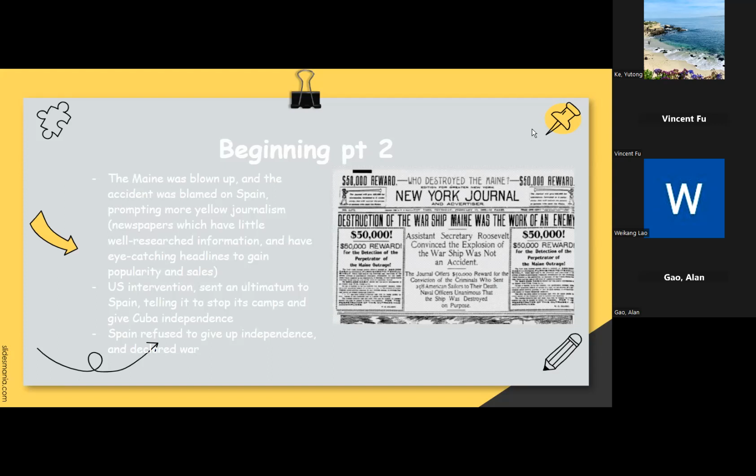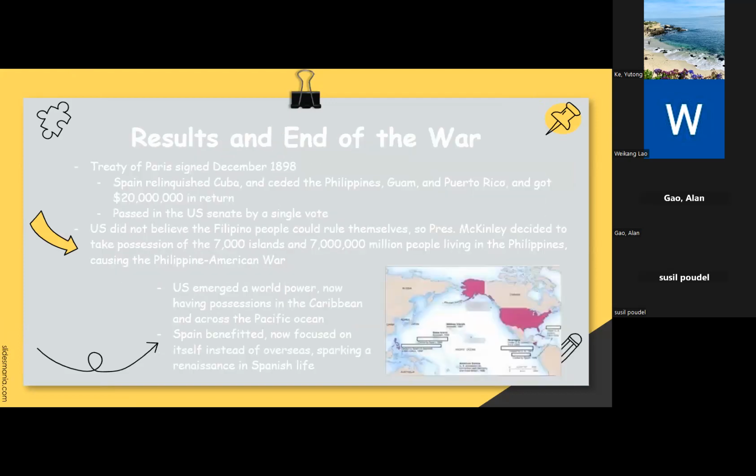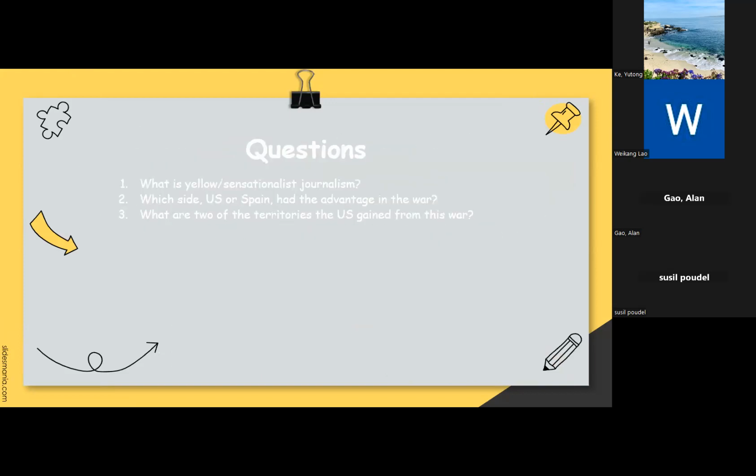All right, I'll just say the answer. Yellow journalism is journalism, like reporting the news, that has little well-researched information, so it's not really trustworthy.